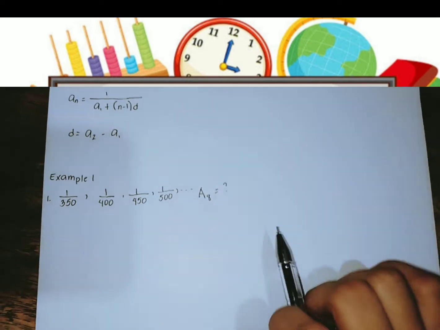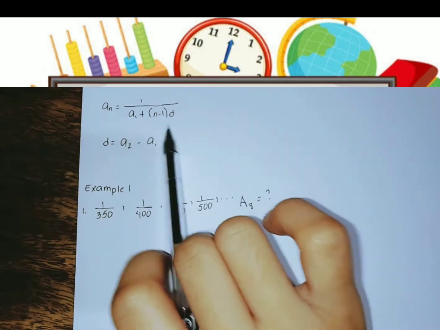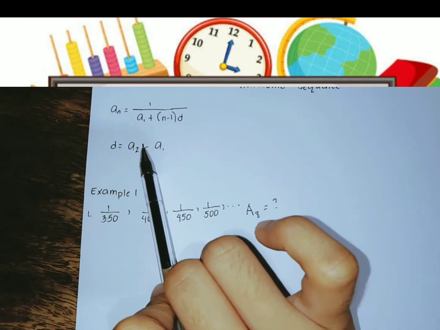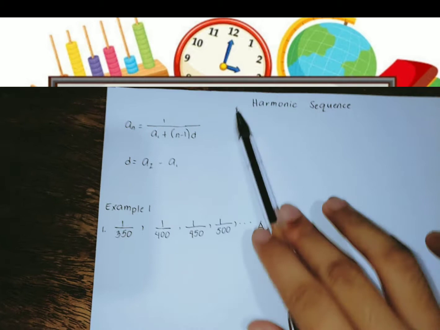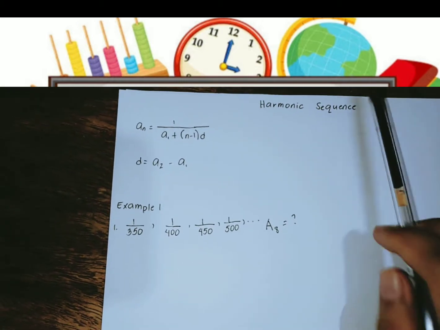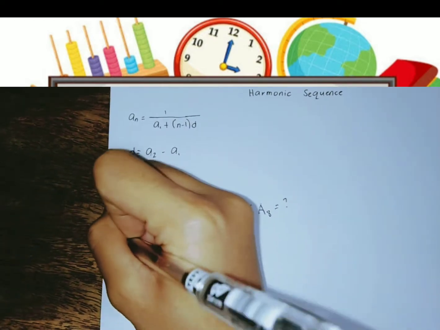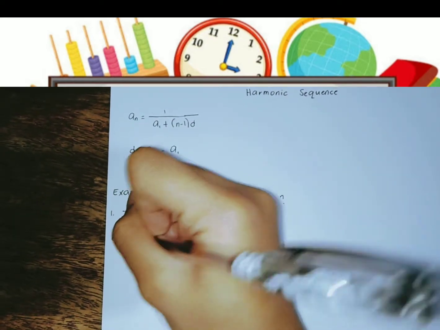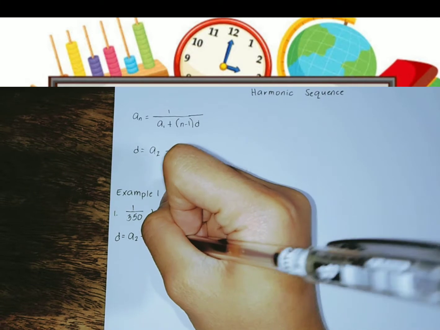We will use this formula in finding the common difference in a harmonic sequence. So d is equal to a sub 2 minus a sub 1.